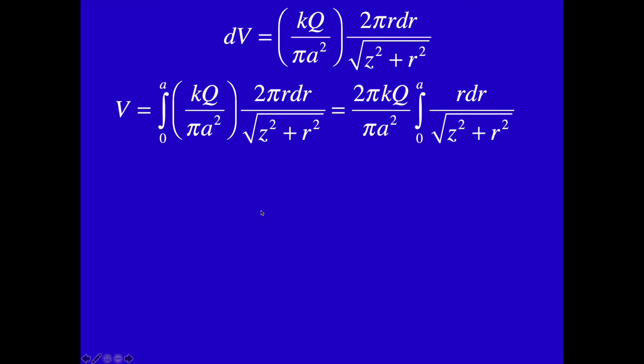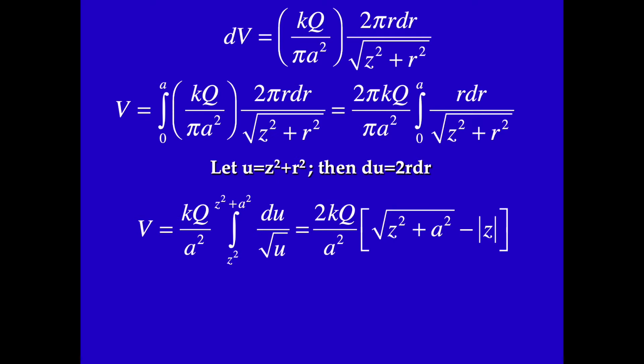I'll let you think about how to do the integration. It's actually an easy integral, because it's just a substitution. And when you evaluate the integral, you get that expression. So that's the electrical potential due to the disk.